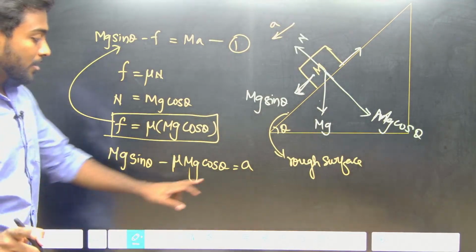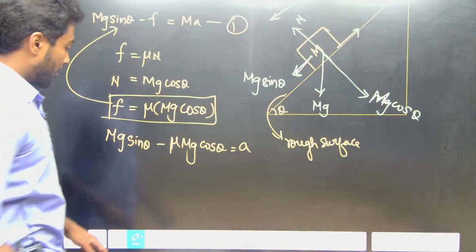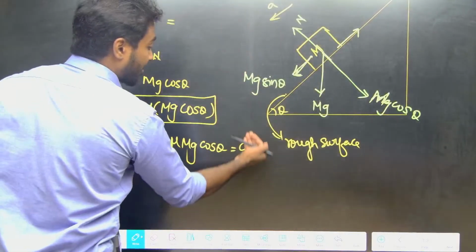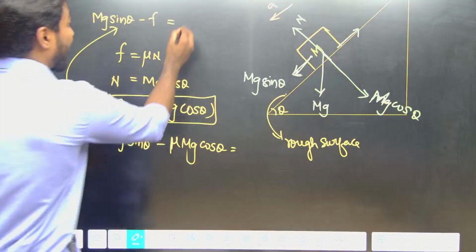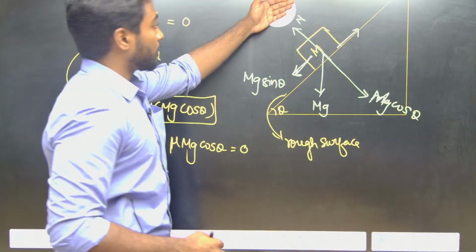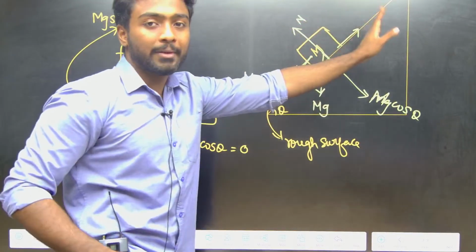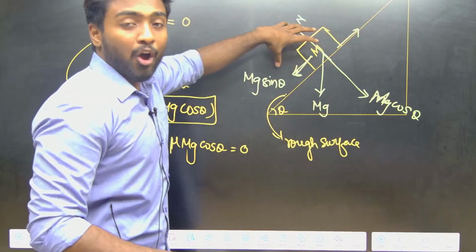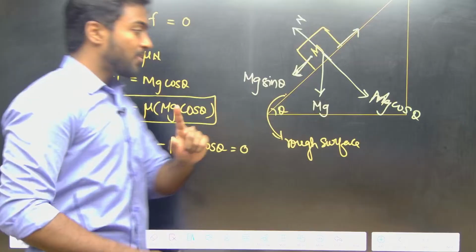Suppose the acceleration is not acting, then the object should be at rest, we take acceleration as 0. Situation is object at rest, force will be acting in this direction, opposing force will be there. How much opposing force is required to stop the object in that position, that's the question.